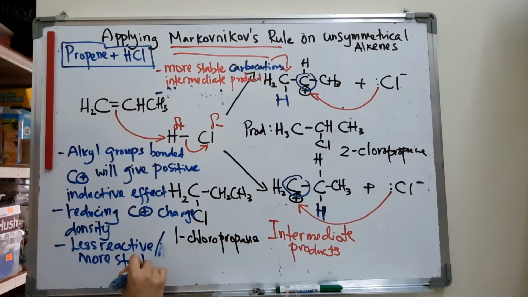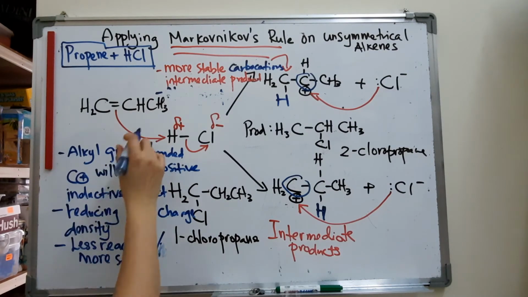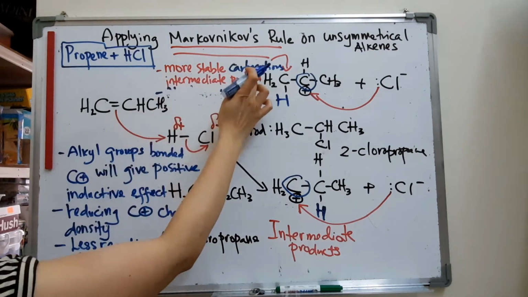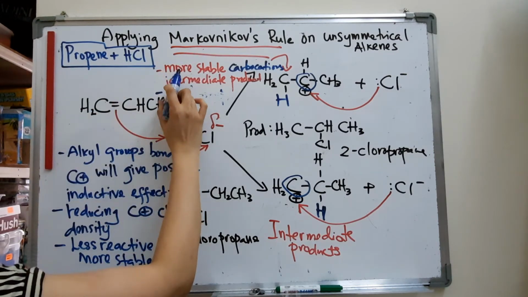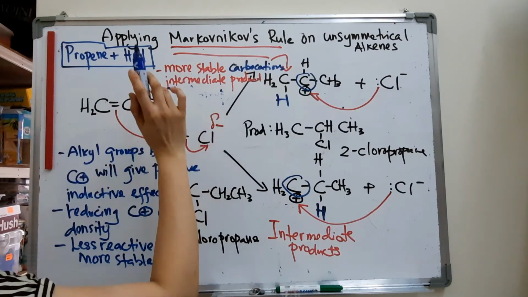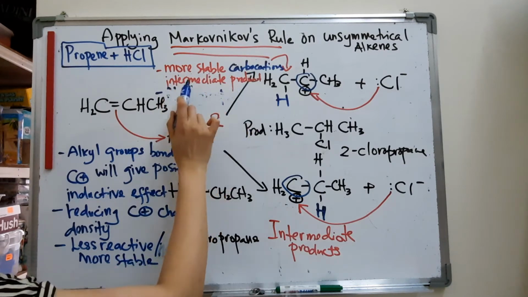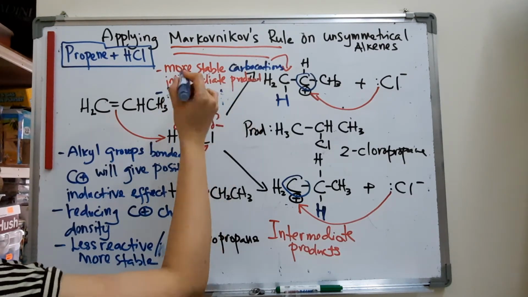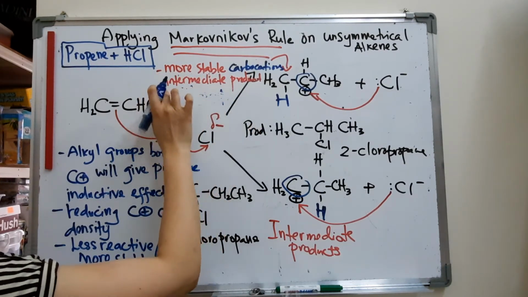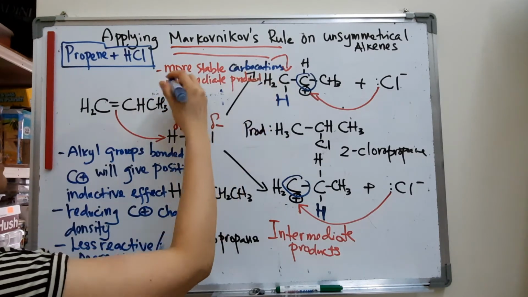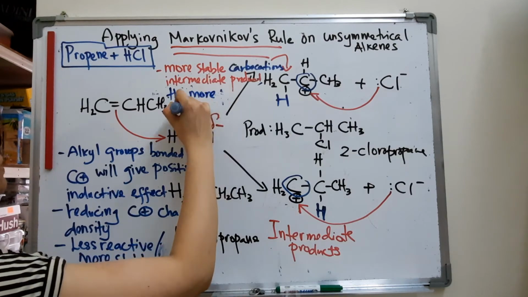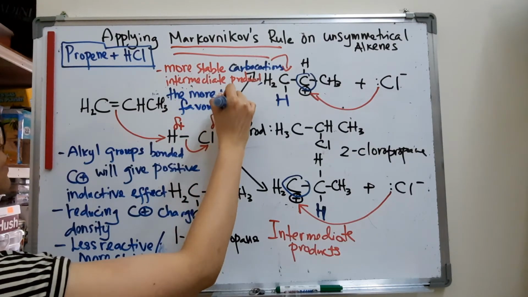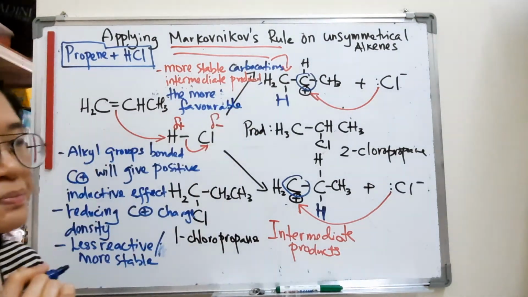Okay, more stable. And lastly, that goes back to the ultimate factor. The more stable the carbocation ion or intermediate product, okay, the more favorable to become the major product.